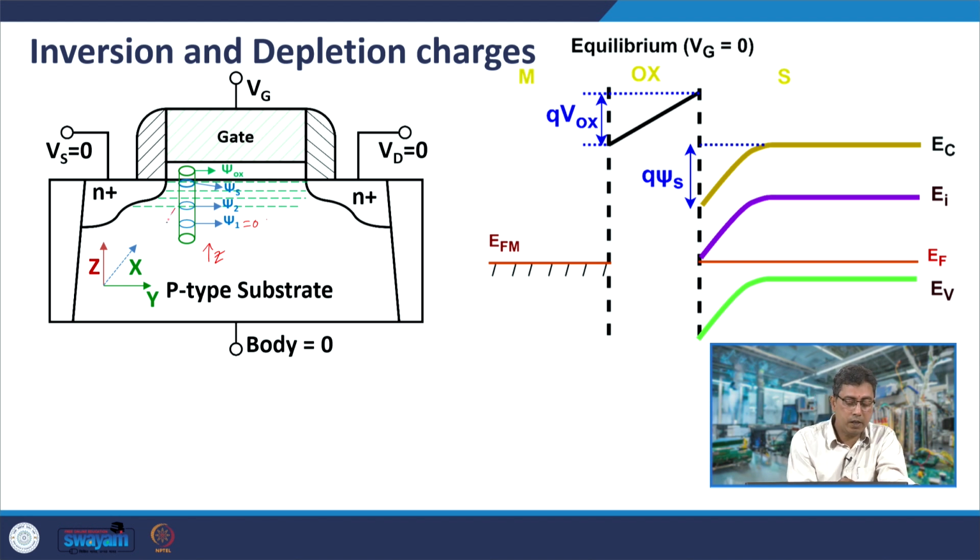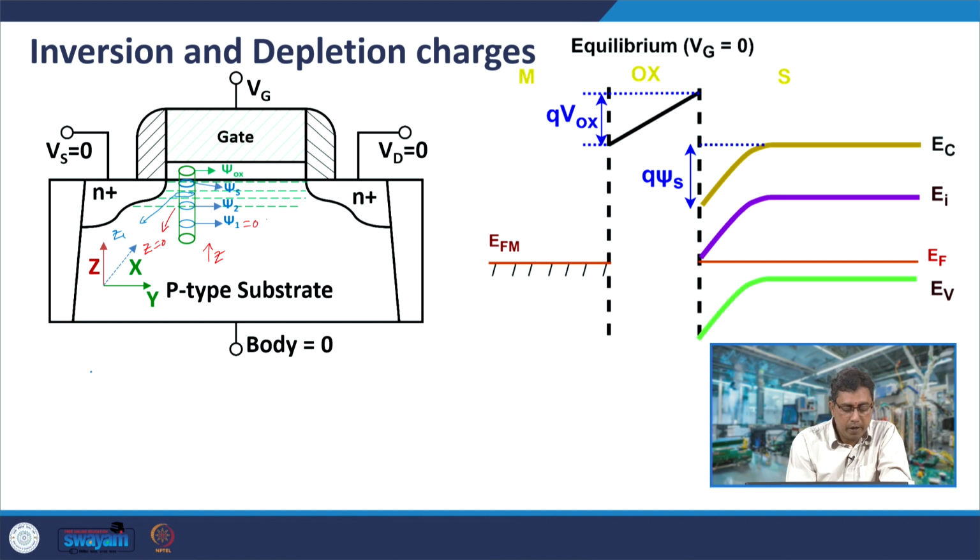Suppose you take this point to be z equal to 0, that is the edge of the depletion region, and you take one lid here, and say that this is point z1, and now you want to see what is the electric field here. So, you would apply Poisson equation or Gauss law, whichever way.